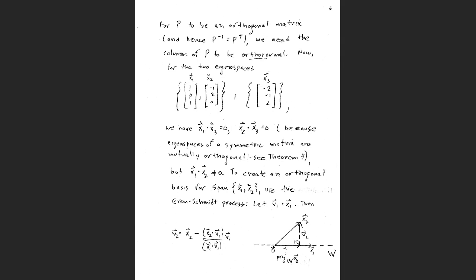So this here is the projection of the eigenvector x2 onto the subspace W, and we're going to subtract that projection vector from the vector x2, and that'll get us vector v2.